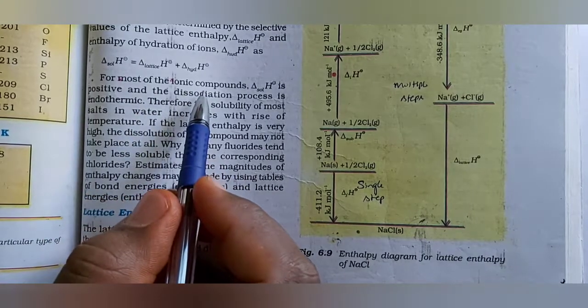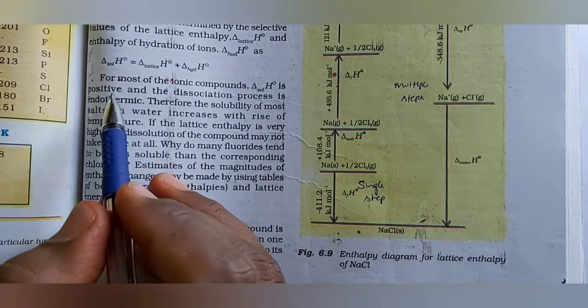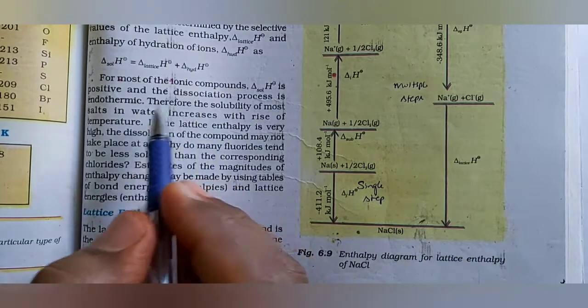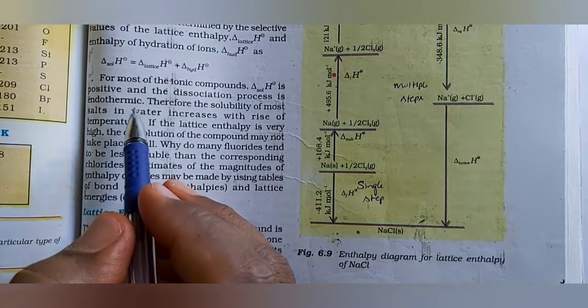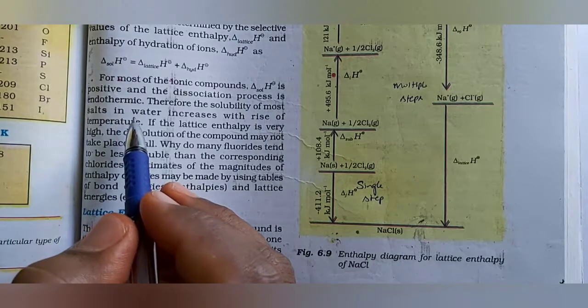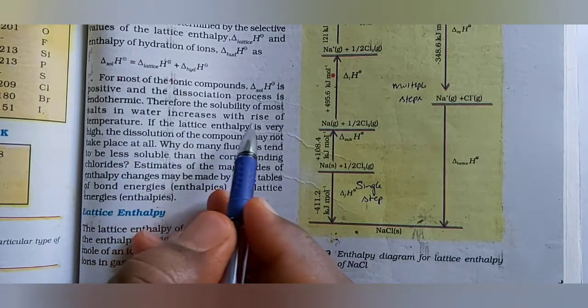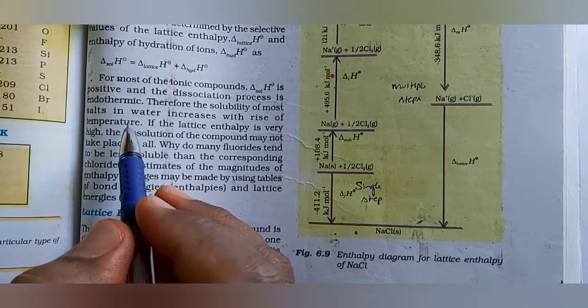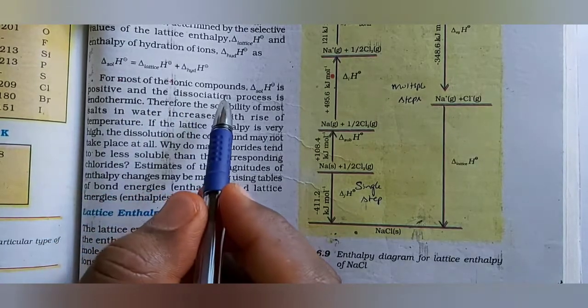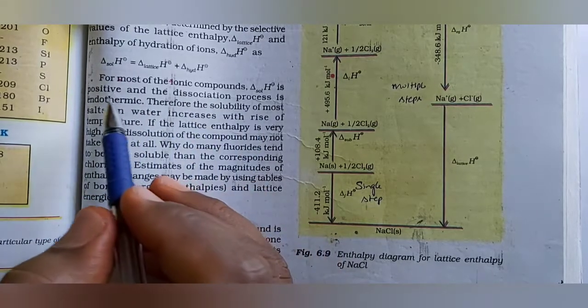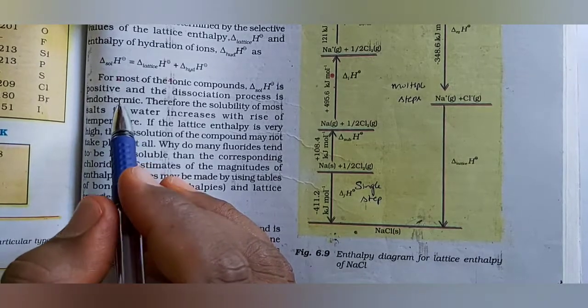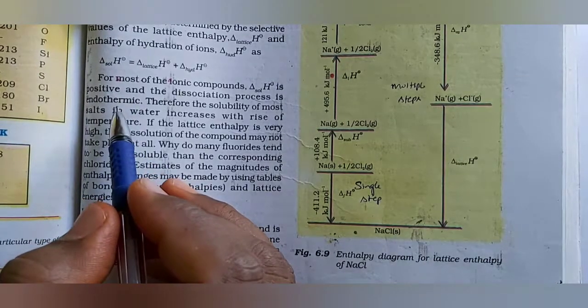For most of the ionic compounds, delta H solution is positive and the dissociation process is endothermic. That means energy is going to be absorbed. Those are all endothermic in nature.